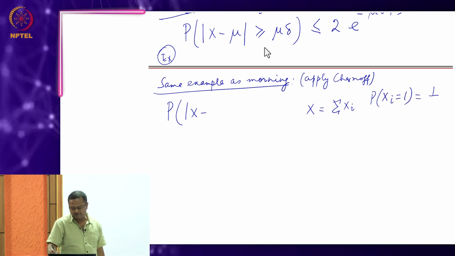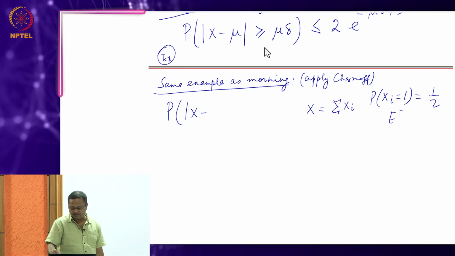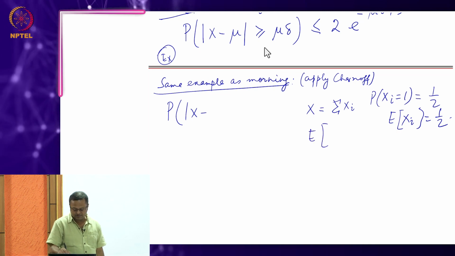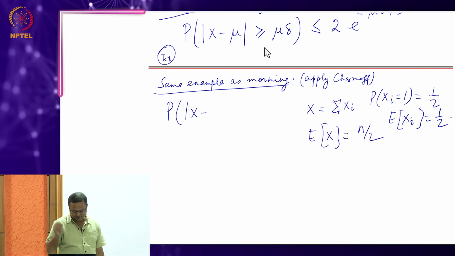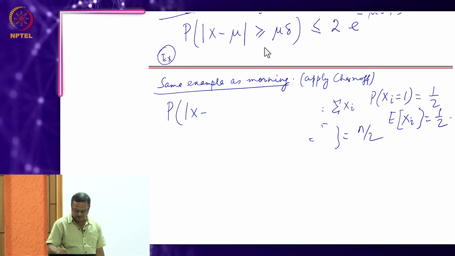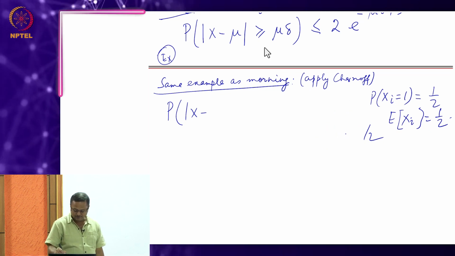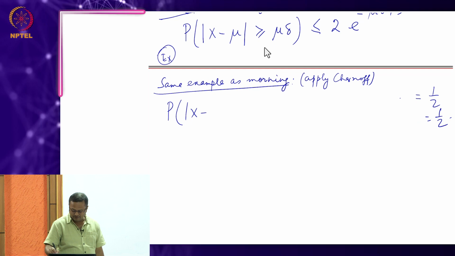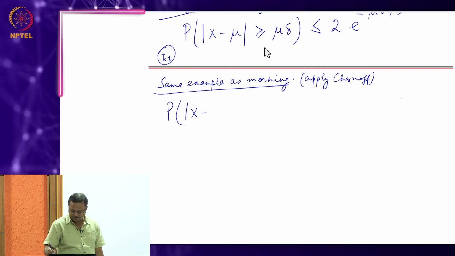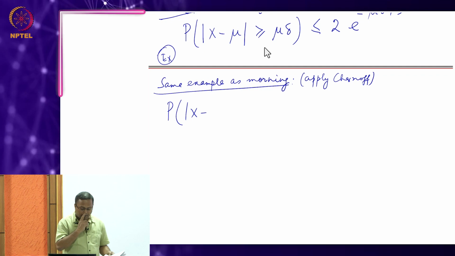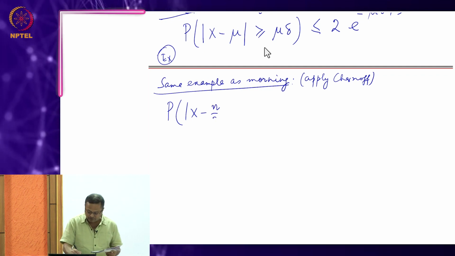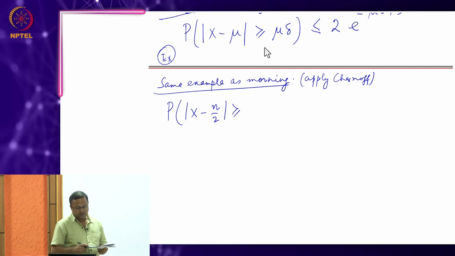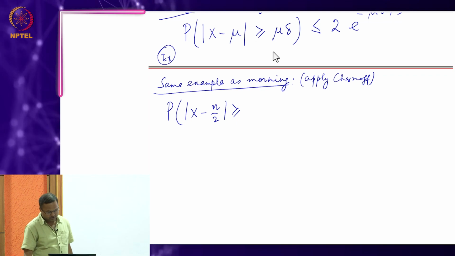Expectation of xi is half, so expectation of x is n by 2. So, x minus n by 2. Remember that deduction in Chebyshev.